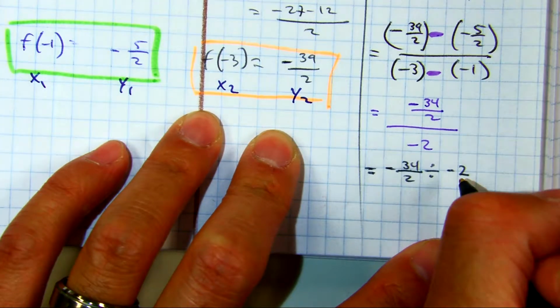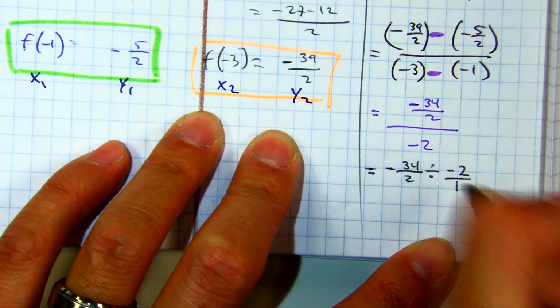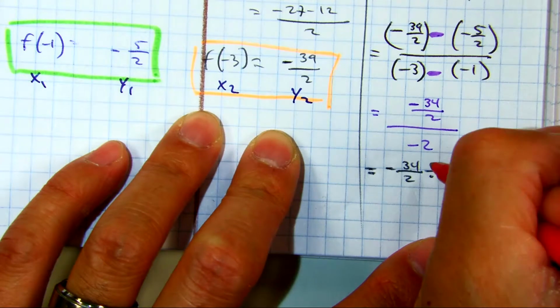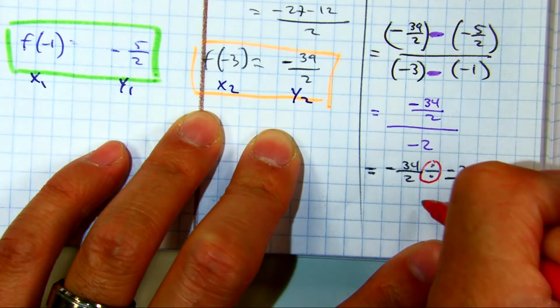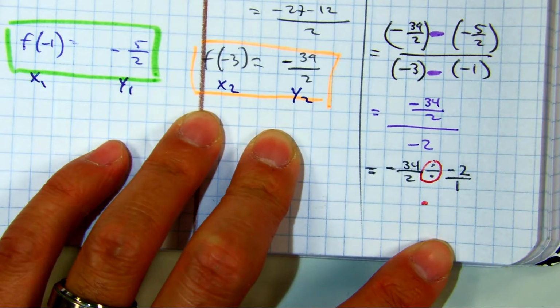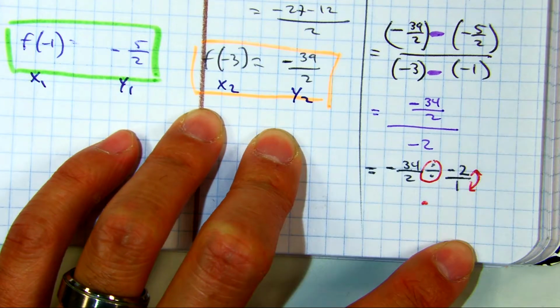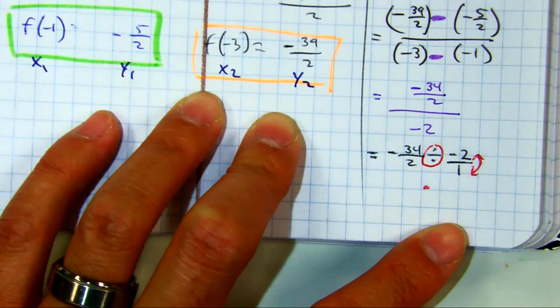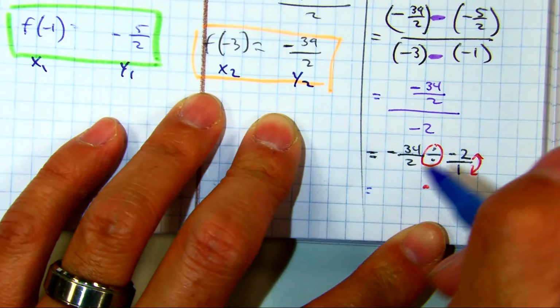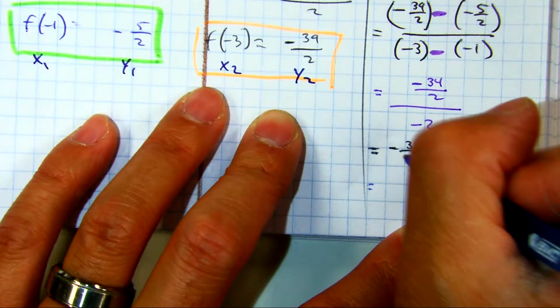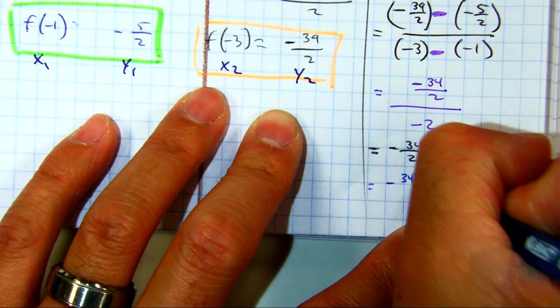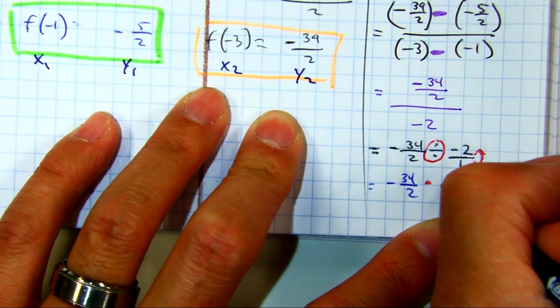Put it over 1. This division sign will change into multiplication. And what happens to this fraction? I'm going to take the reciprocal of that. It's going to flip. So now I have negative 34 over 2 times negative 1/2.